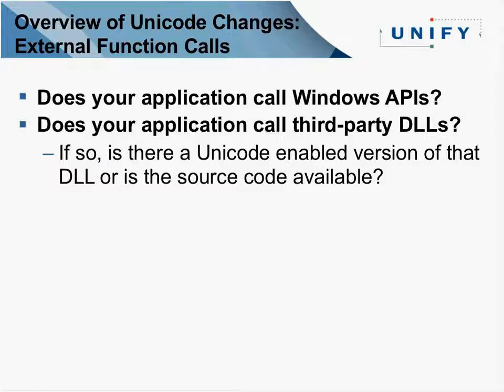First one is, does your application call Windows APIs? If your application calls Windows APIs, it's important that you know that Microsoft provides Unicode versions for most of their APIs. So you might want to consider migrating your API calls to the Unicode mode. Do you have to do that? No. TD will work with Windows APIs.